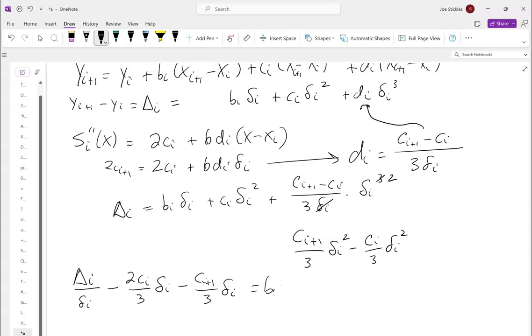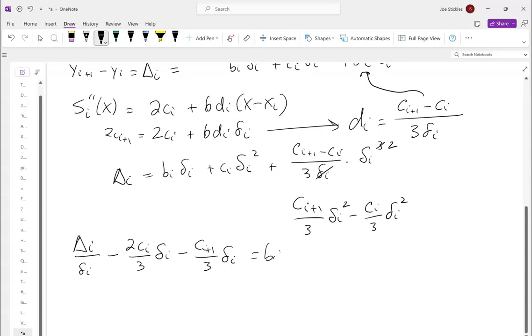This is what's equal to your B sub I. You might factor out a minus 1/3 delta sub I, and then you have 2 C sub I plus C sub I plus 1. So if you wanted to write it that way, we would have that for our B sub I.